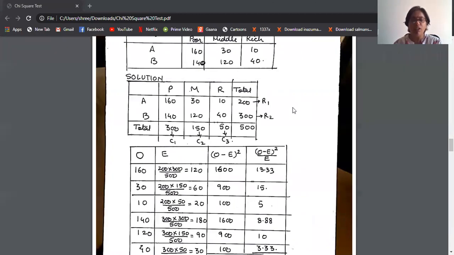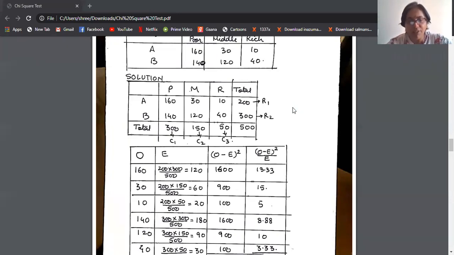And those who have not got some easy way to calculate this, see, you can go column wise also. Once you wrote 160, 30, 10, 40, 140 and so on, you can calculate E for all of them, that is 120, 60, 20 and so on. Then find O minus E the whole square and then divide by E and last column. But what you can do is, you can do row wise.